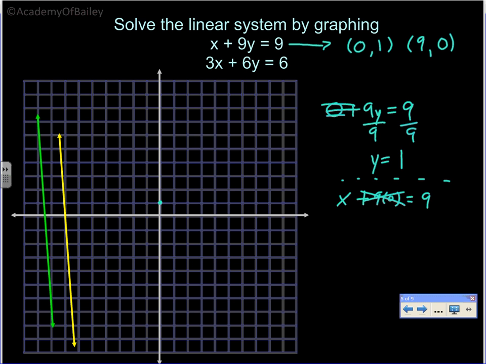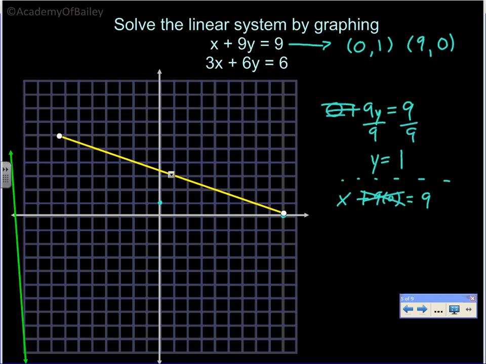Our second intercept, 9, 0, that's to the right 9, and up and down 0. So let's go ahead and graph that line. And it should look something like that.